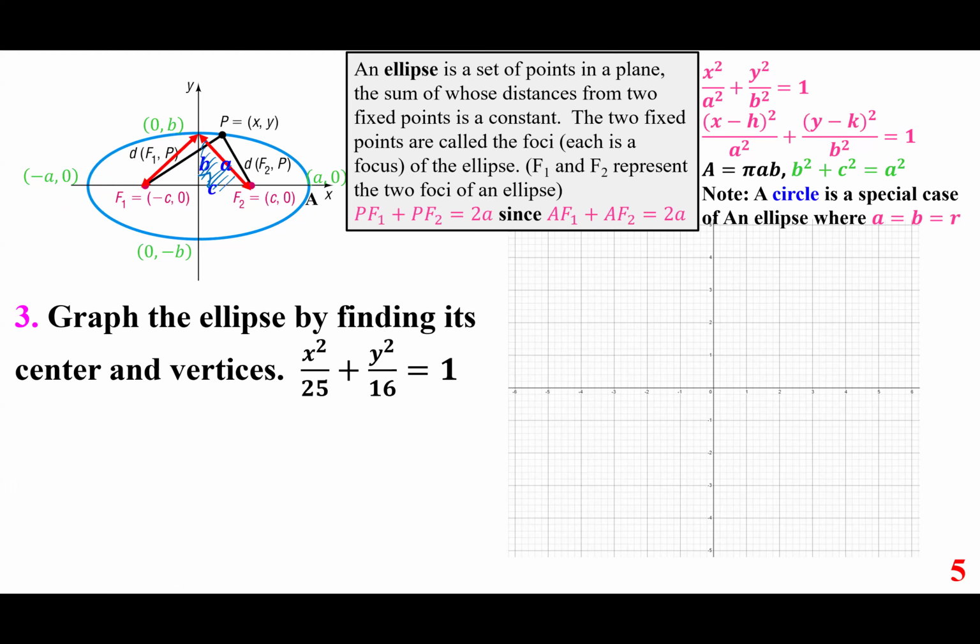If you look at this triangle, this distance is A and this distance is B. The focal distance from the center to focus 1 and focus 2 are identical, and it is C. It may not be to scale, but you get the picture.